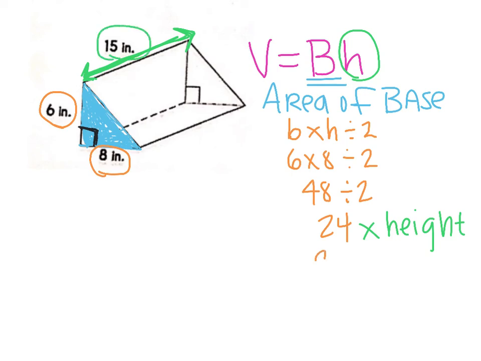I'm going to start back with my 24. I'm going to times it with now 15 to get the entire volume of this triangular prism. I do not know what 24 times 15 is, so I'm going to move over here to the side and multiply that out. 24 times 15.